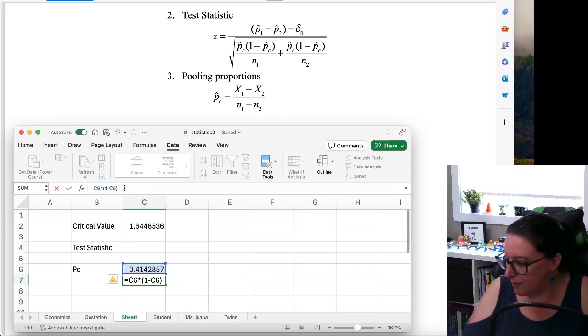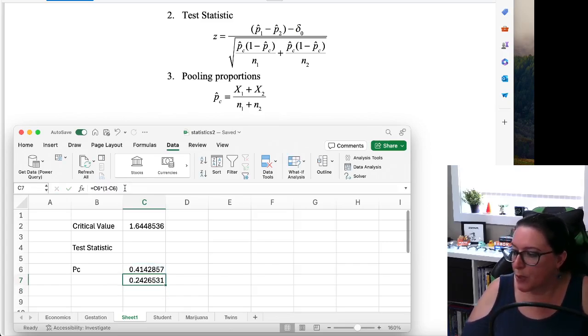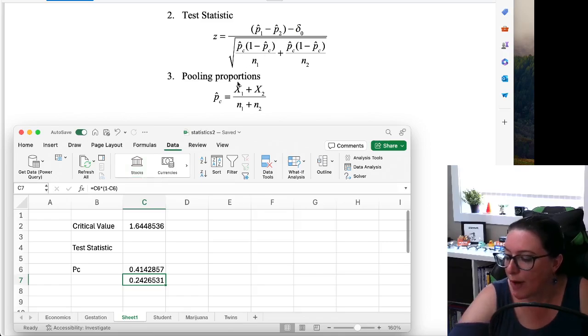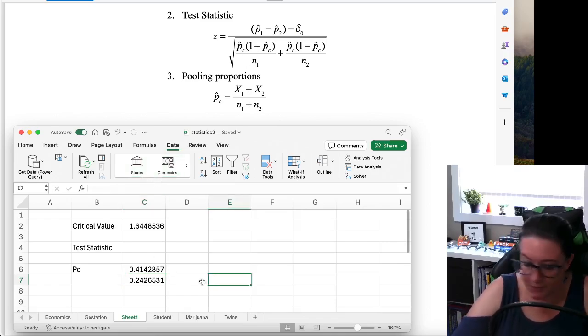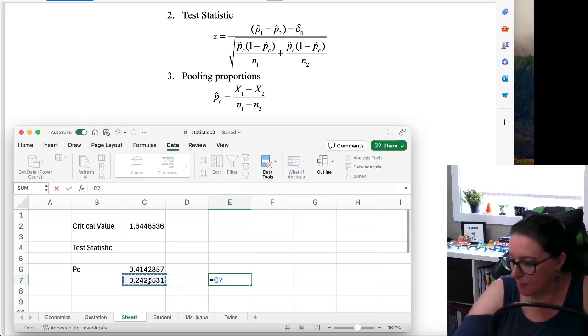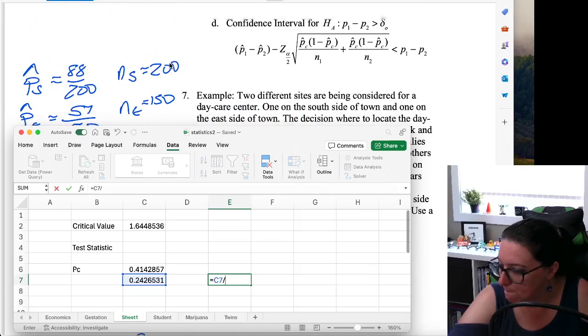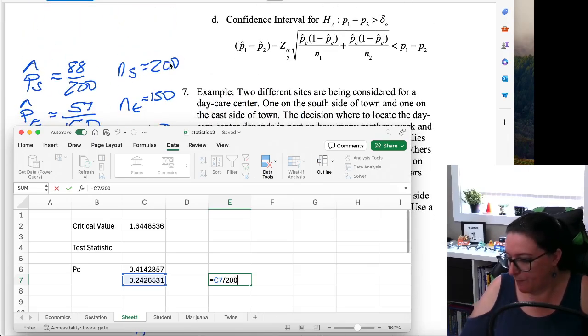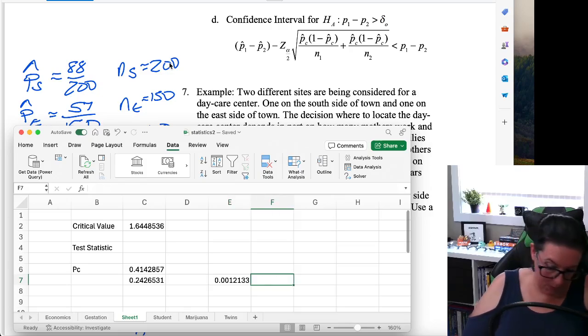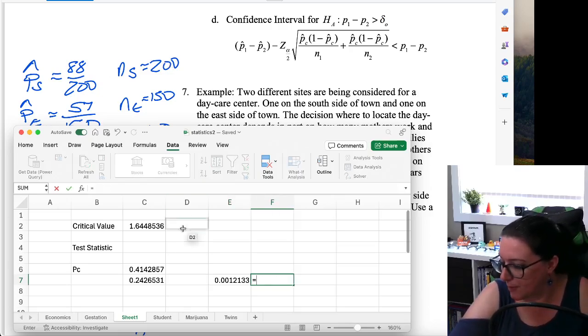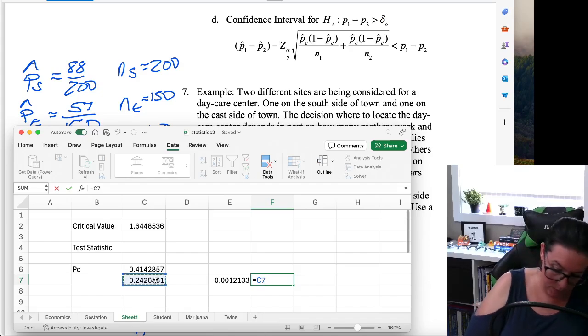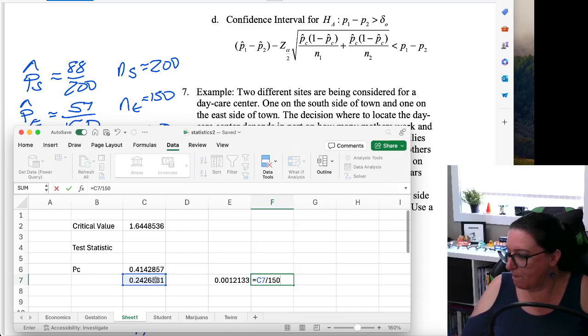What I've done is just this piece right here, separately, so that I can take this number and divide by the sample size for the first group, 200, and then do it for the second group, taking this number divided by 150.